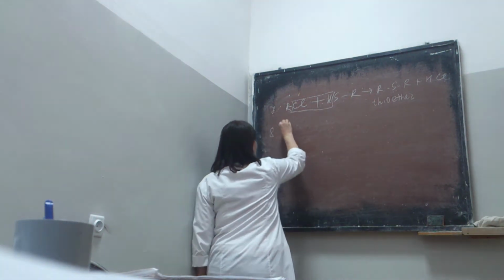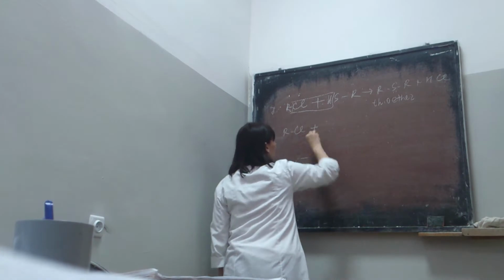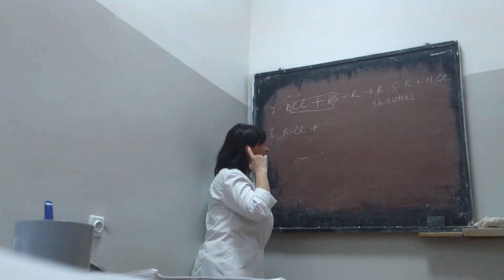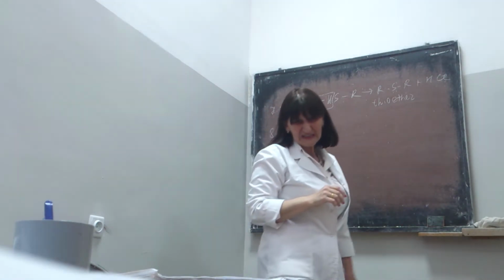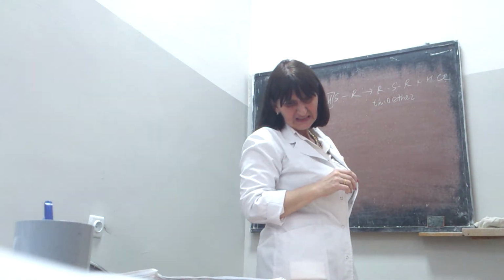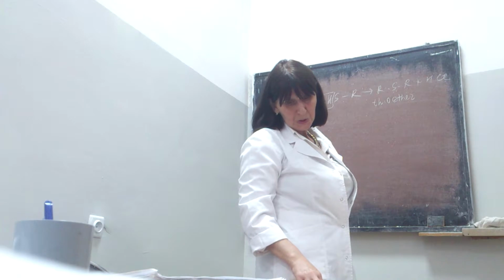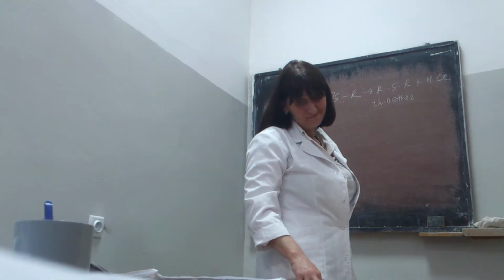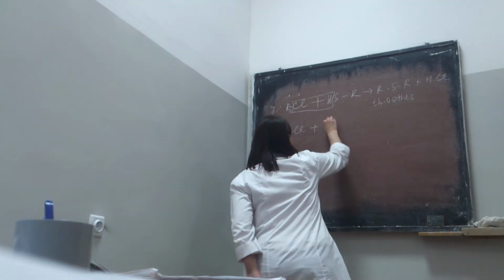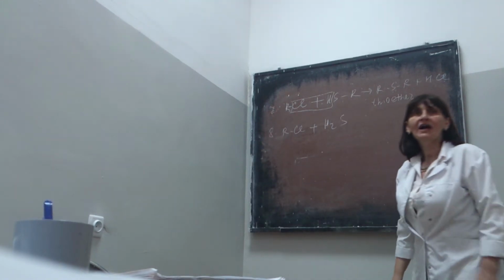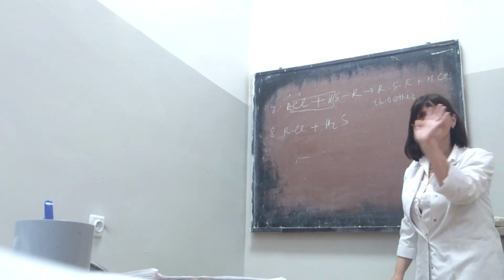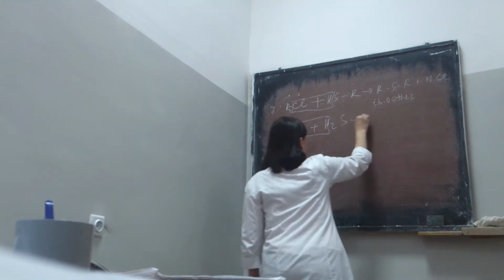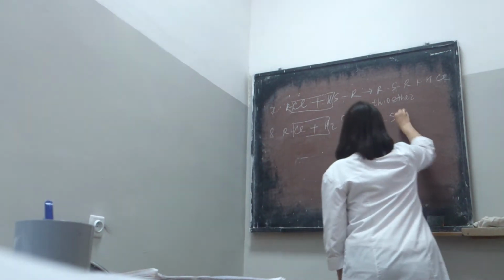If you have alkyl halide plus H2S, hydrogen sulfide, directly an acid. Now look, one H takes this H atom, and finally you get RSH plus HCl.